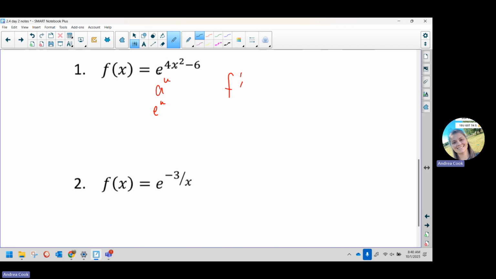So f prime of x: the derivative goes to e to the u, so itself. Then I chain on the derivative of the power, so I'm doing u prime, which is 8x. And then I chain on ln of the base, which in this case is ln e, so I'm not going to write it, and that's just your answer, 8x times e to the 4x squared minus 6.